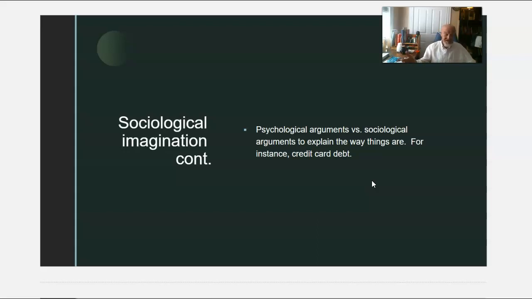However, a sociological analysis might step back. Do you have to use a credit card to pay your heating bill? What are you spending that credit card debt on? Many people, during the pandemic, went into credit card debt to extraordinary lengths in order to survive, to pay their bills. Maybe they had no choice.